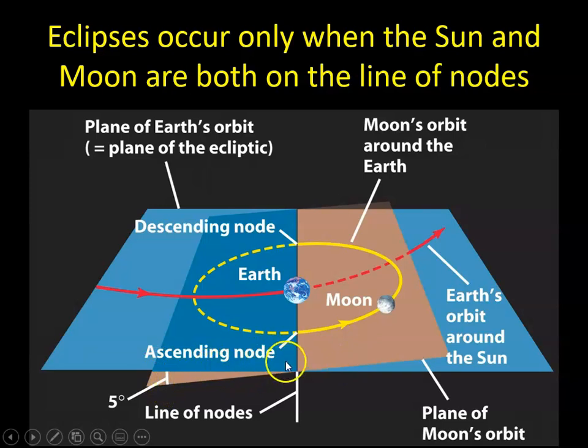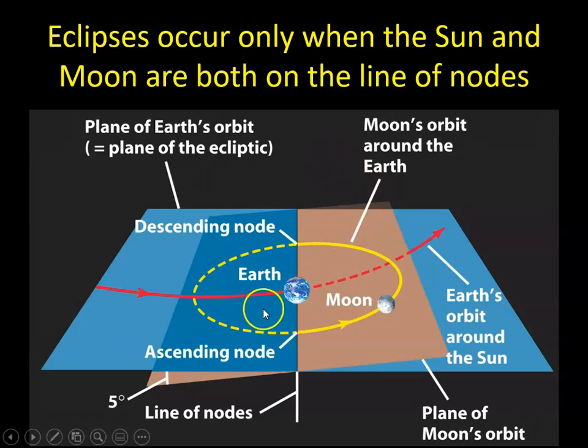So the only time when you're going to get an eclipse is if our moon happens to be in the same plane, so to speak, at least the same altitude, I guess, as Earth's location as it orbits the sun, as viewed from far away. In other words, that happens during what we call the line of nodes, or at least the line where the two planes intersect is called the line of nodes.